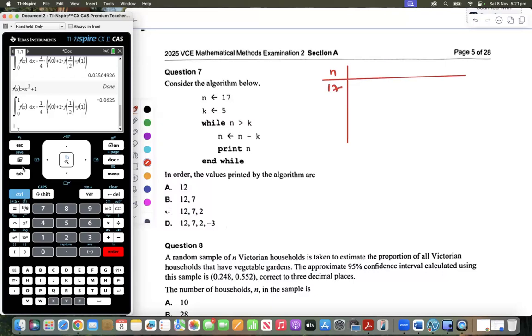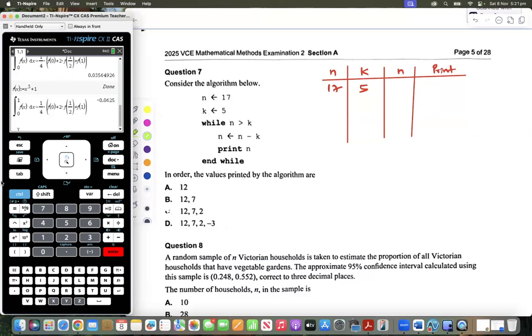Your k value, I don't know if it is changing, but I'll probably get that into the table as well, is 5. So then you're having your third one, which is n. And let's check what you are going to print here. Okay, so let's go through the while loop. If you come from the top, n is 17. Those are the assignments.